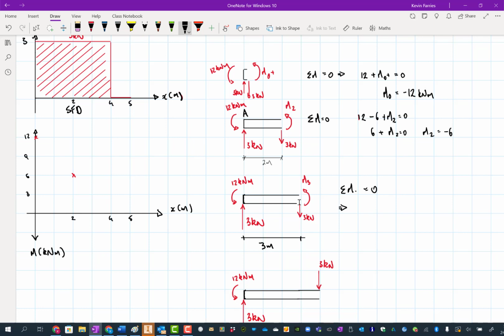That means we have 12 kilonewton meters positive, 3 times 3 in the negative direction, so negative 3 times 3 about this point. The 3 kilonewtons at this end has no moment because we've got no lever arm. And then we've got plus M3 equals 0. That means that M at 3 meters is going to be 3 kilonewton meters minus.